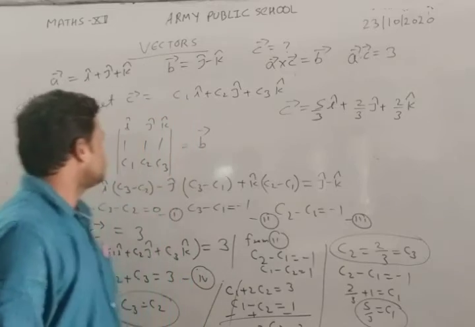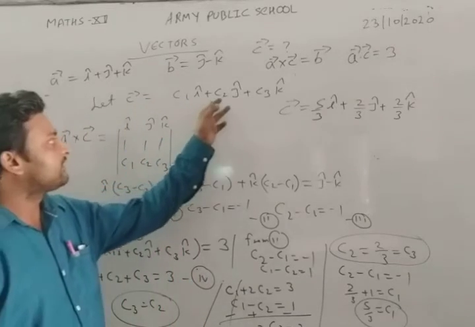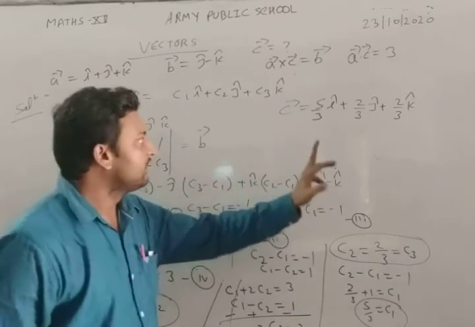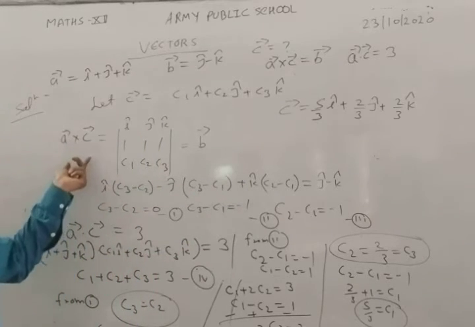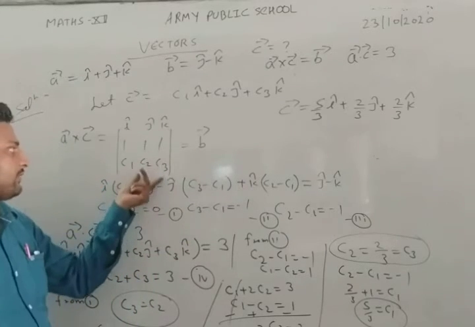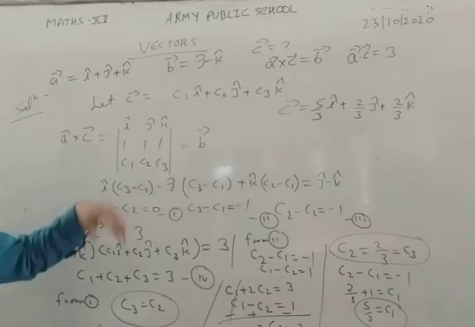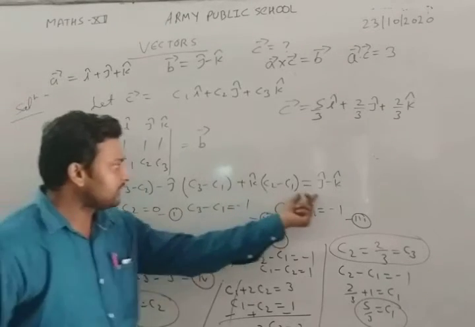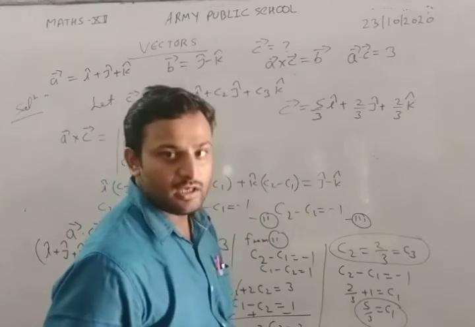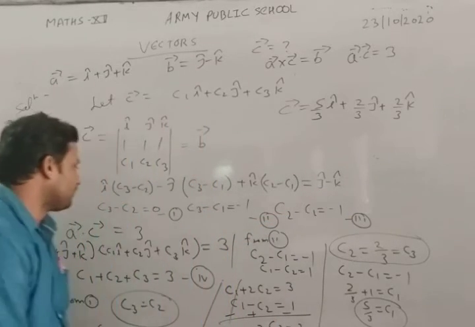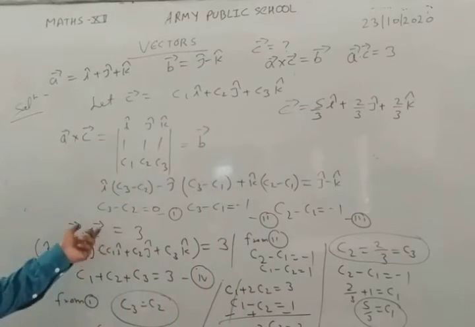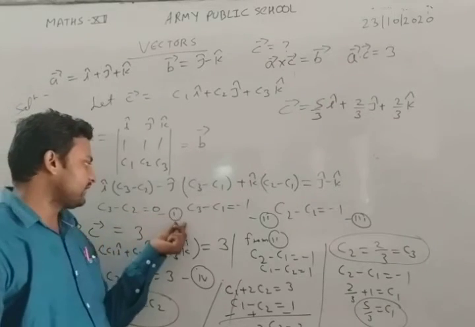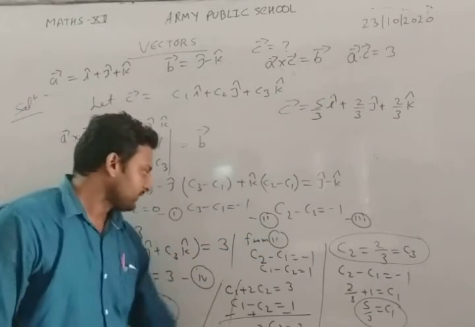So let C be C1i, C2j, C3k. We have the given condition A cross C is B, so we put the value of A and C here and find the condition, which is equal to j minus k, which is equal to B. Comparing both sides, we get equations first, second, third.